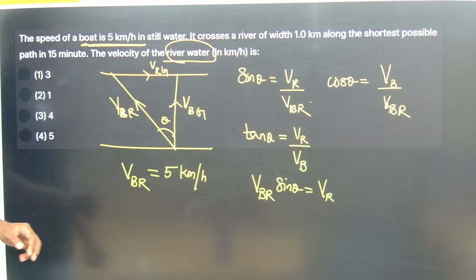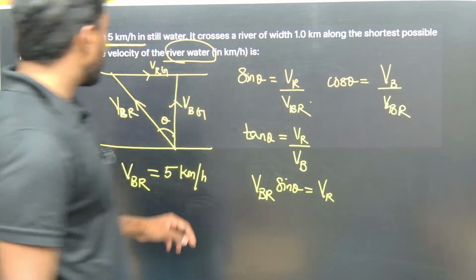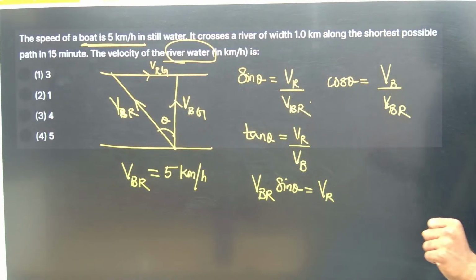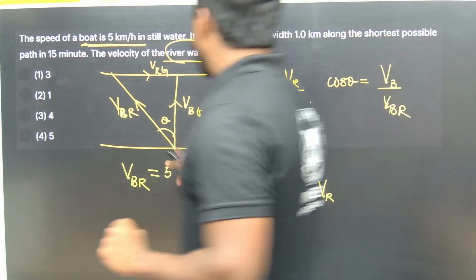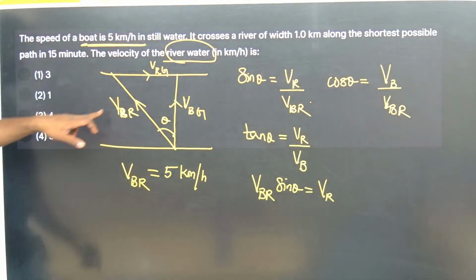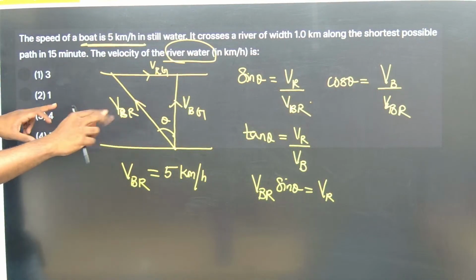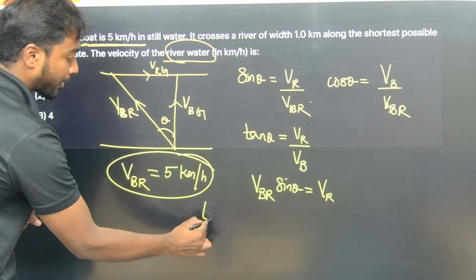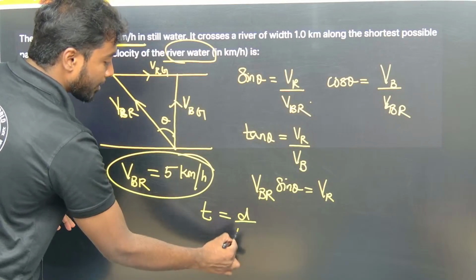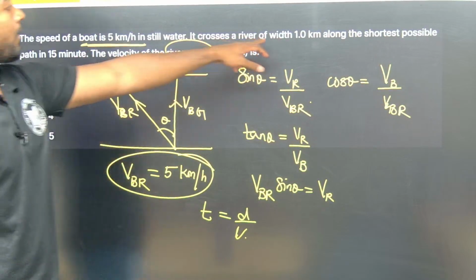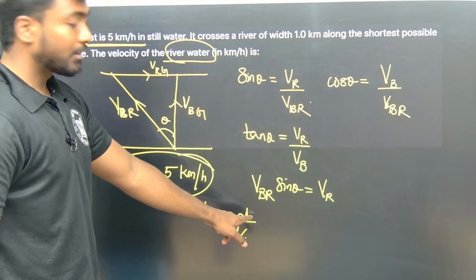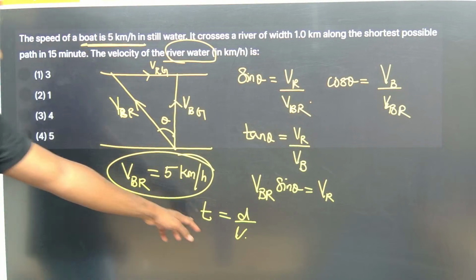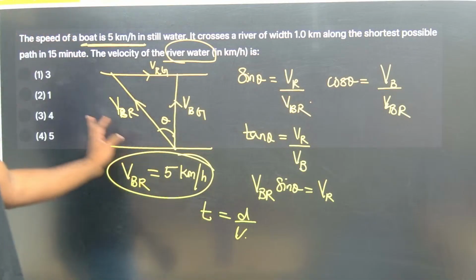But the angle theta is not known. So which one can I use? I can use the time equation: time is equal to distance by velocity. The width is given as 1, that is the displacement, and the time is given.